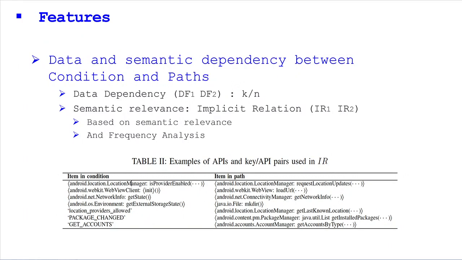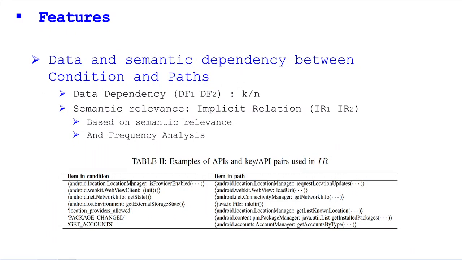And here are the details of our features. Overall, there are three categories of features, and each category is related to one observation we just introduced. The first category of features is the data and semantic dependency between conditions and paths. We calculate the data dependency as the percentage of variables in paths that are related to variables in conditions.